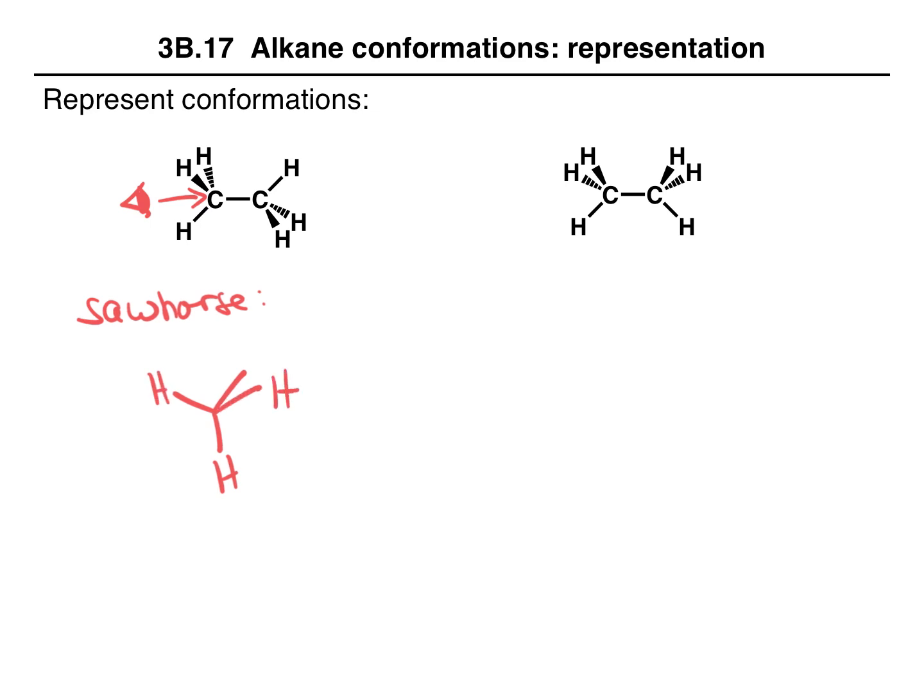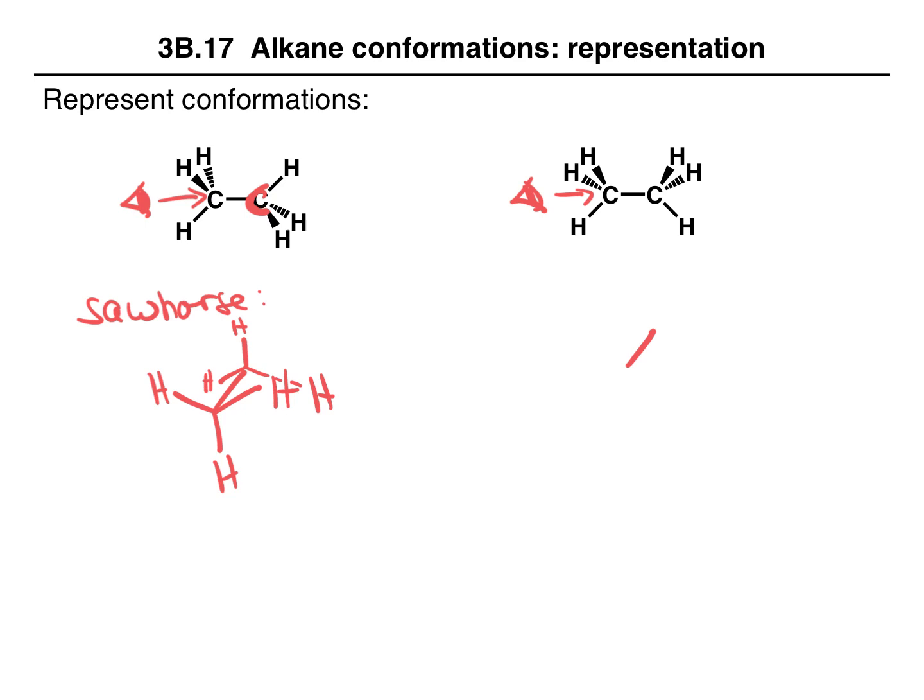And then our back carbon, so now we're looking at this one, our hydrogen is straight up. We have one hydrogen down and left, one hydrogen down and right. Now, in contrast, the one over here, using the sawhorse formula, here's our front carbon, back carbon. Sorry, once again, we're looking down this way.